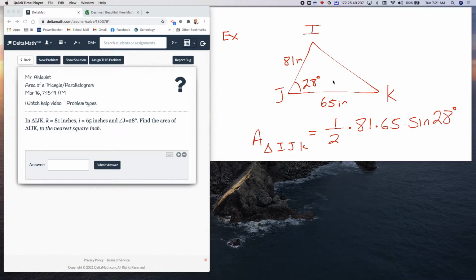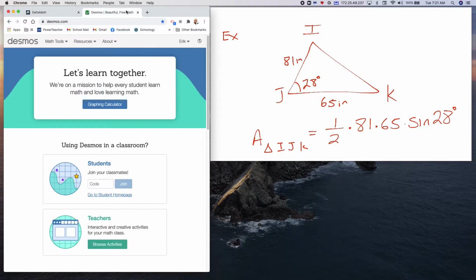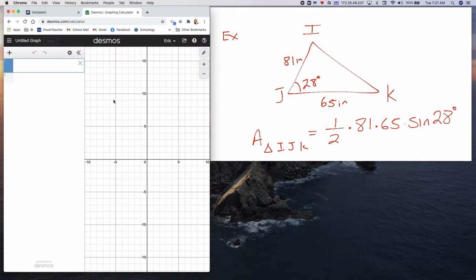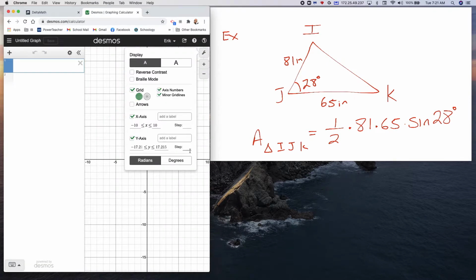And that's just something you put into Desmos, right? I mean, you go to Desmos, go to the graphing calculator. Remember that the graphing calculator is in radians. You need to switch it to degrees.